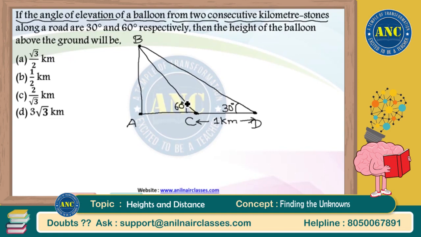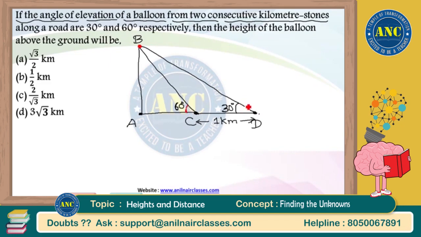Now you might get a doubt, sir, why are you representing D as 30 and this point C as 60? Why can't you reverse it? Why can't you take this angle as 30 degrees and this angle as 60 degrees? I already told you, sir, in my first introduction part itself, very clearly. Whenever you are moving towards the object, here the balloon, the angle of elevation will increase.